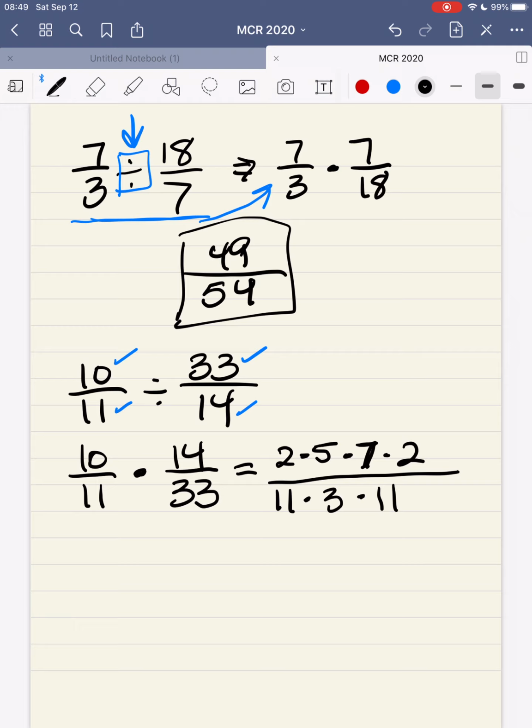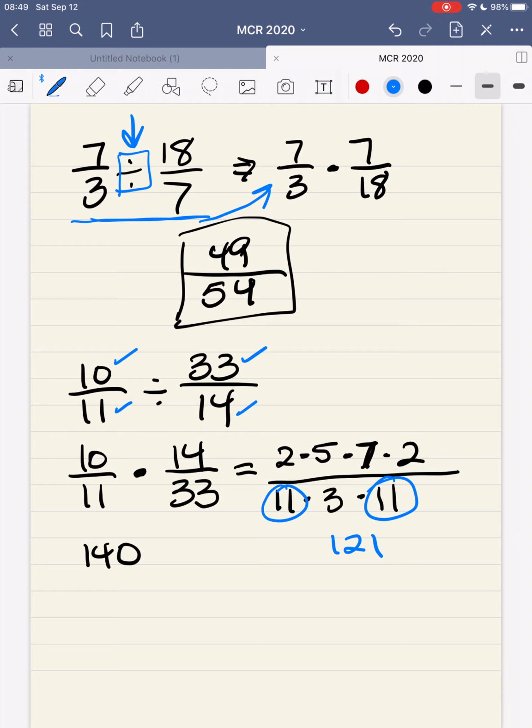Okay, so these were stuck with multiplying straight across. So I have 10 times 14. Now 10 times any number just adds a 0 to it, so I have 140. And you can go ahead and do this a little quicker by taking, you should know that we have 11 times 11, which is 121.